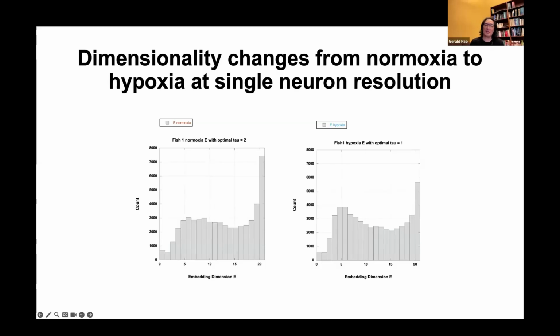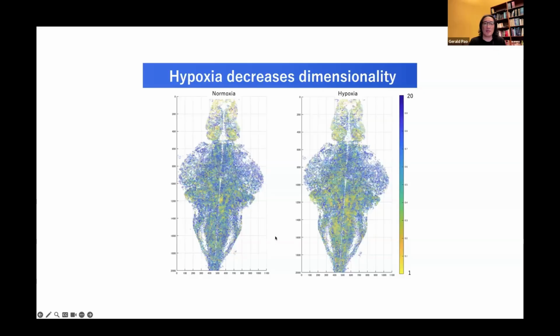So the dimensionality decreases, and it makes sense. Where do these things happen? If you look at the normoxia versus the hypoxia condition for the fish, and you look at the dimensionality that we measure for each neuron, you can see this yellowing part. That means that the dimension goes down.